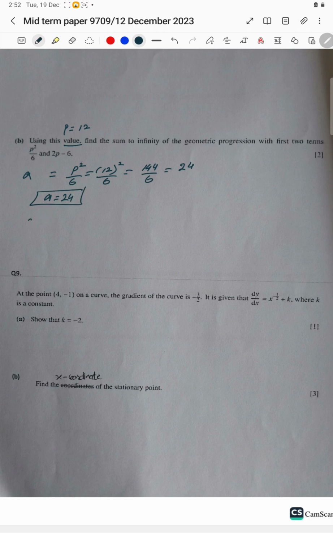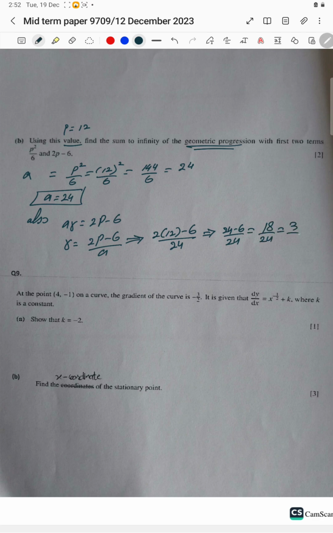Also it's given the first two terms, no? The second term, it means ar, is what? 2p minus 6. So p was 12 and a is this one, so we can write r will be 2p minus 6 by a. When p is 12 and a is 24, we will get 24 minus 6 over 24, 18 by 24, 6 threes are 18, 6 fours are 24, 3 by 4.